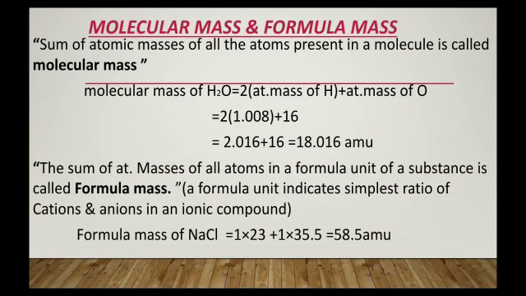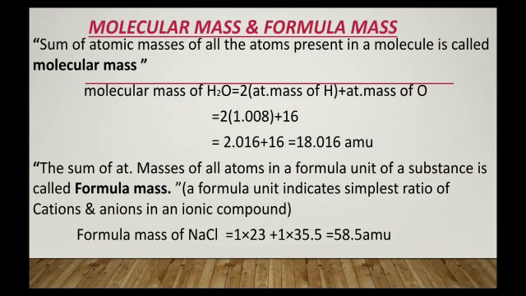What is a molecule? A molecule is a group of atoms of the same kind or of different kinds. Different types of atoms combine to make a molecule, and the mass of that molecule can be calculated by adding up the masses of the individual atoms.